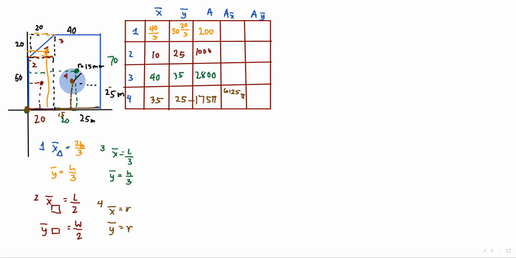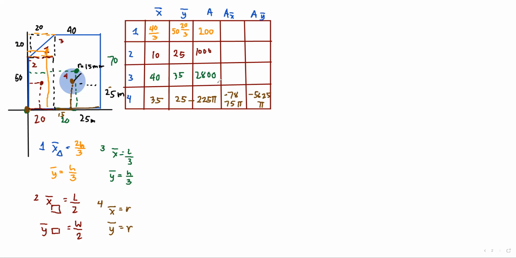Tingnan ko correct ah. 225. So ito 225 times 35, negative 7875 pi. Okay? Next, 25 times 225, negative 5625 pi.